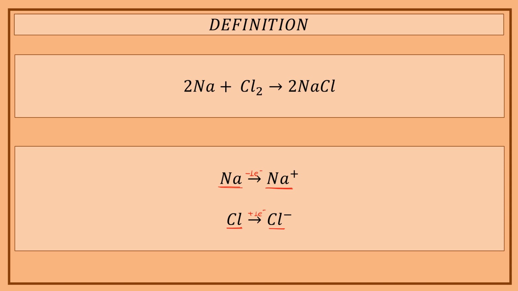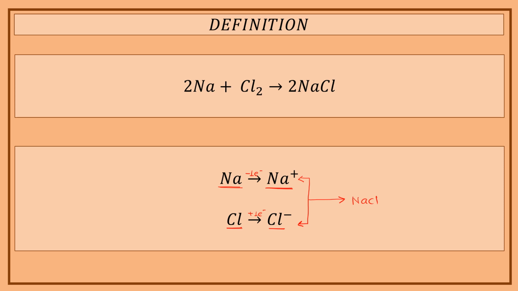Now these ions are interacting with each other through electrostatic force of attraction and finally giving us our product, that is NaCl. Now we would like to assign particular numbers which will help us to keep track of these transformations in each of these atoms.